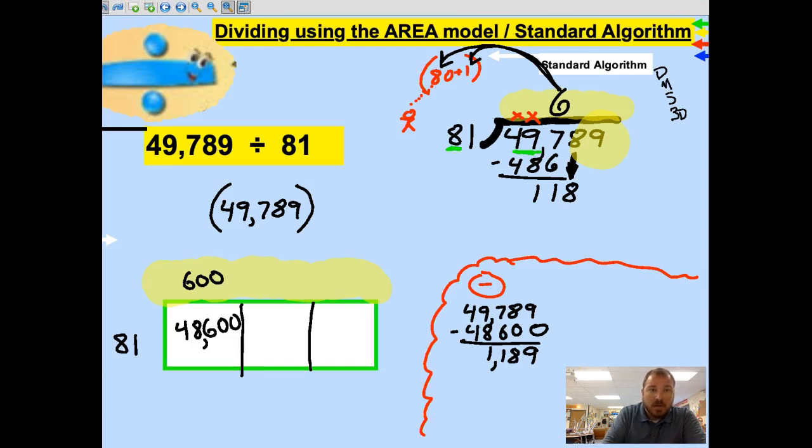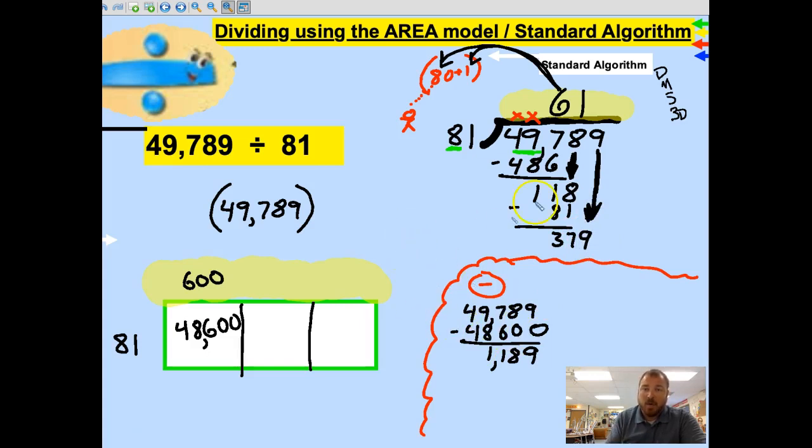89, and let's go ahead and look at the front end again. 8 goes into 11. Pretty obvious how many times 81 goes into 118 in this problem. It's only going to go in one time. So I'm going to multiply to prove that, 81, and then I'm going to subtract: 8 minus 1, 11 minus 8, 37, and then I can bring down my next number, my 9.